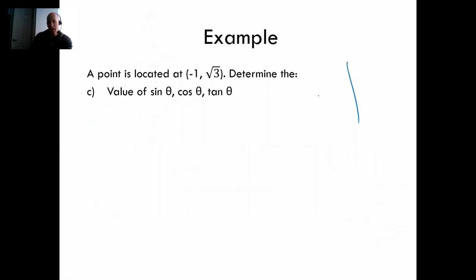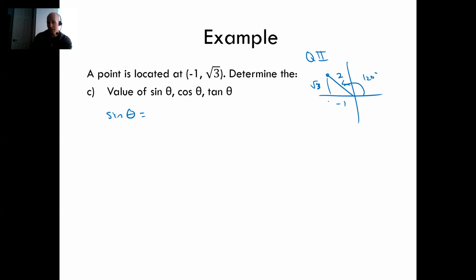Okay, the value of sine, cosine, and tan. So what we have is this angle here. We're in quadrant 2, and we know we've got 120 degrees here, and we know the sides of the triangle are -1, √3, and of course the hypotenuse is 2. So sine of theta, we know it's 120, but we don't really care, will be equal to opposite over hypotenuse.